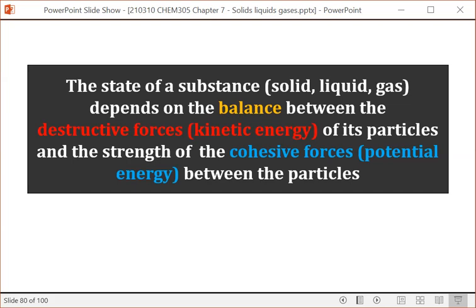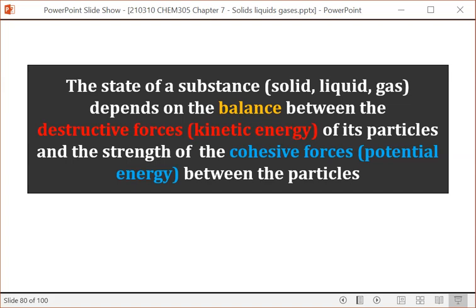And so depending on the strength of these different types of forces can determine whether something's a solid, a liquid, or a gas. And so to undergo a phase change, let's say you want to go from a solid to a liquid, solids are dominated by cohesive forces, so you've got to add enough kinetic energy to the substance to overcome the cohesive forces holding it together to get it to change from a solid to a liquid.